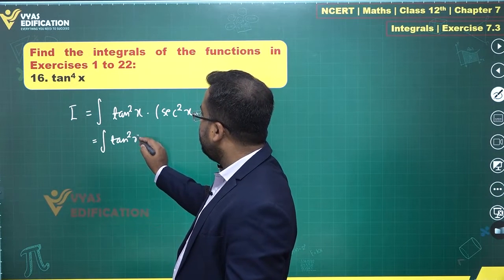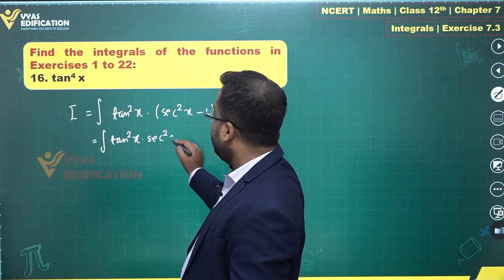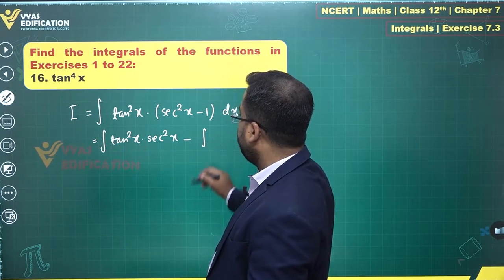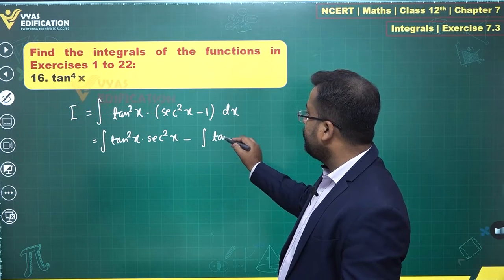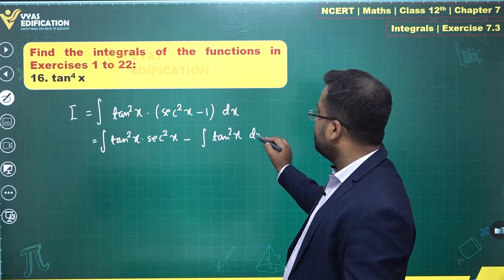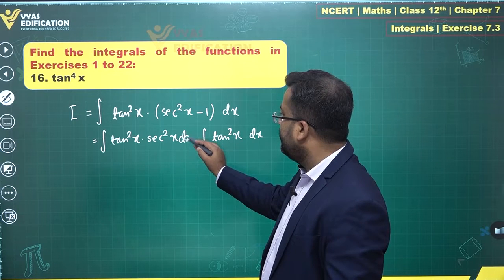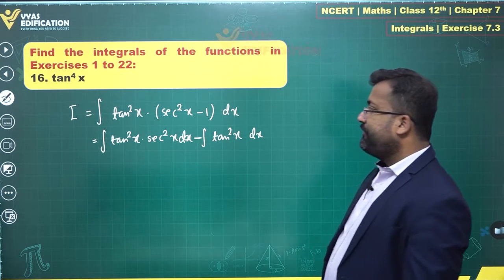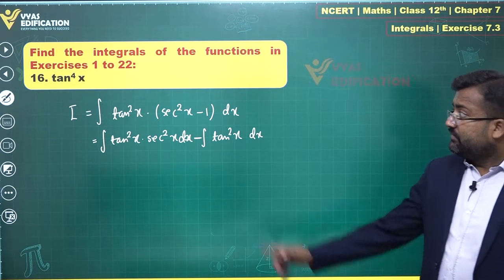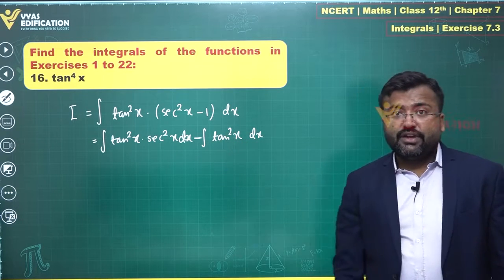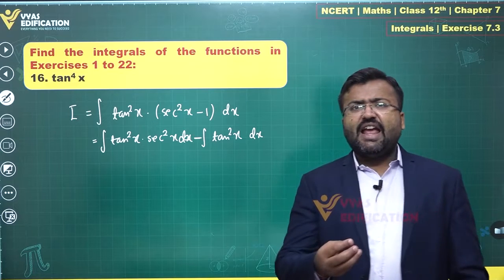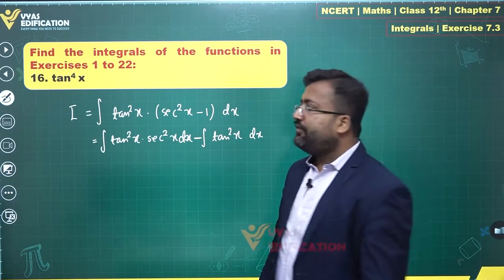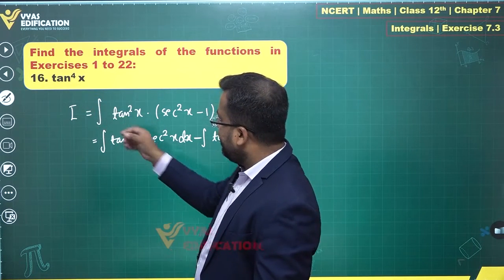This is tan square x into sec square x minus integral of, I'm writing it as a separate integral over here, tan square x dx, and this is also dx, there's a minus inside. So I've written that single integral as the difference of two separate integrals, and observe that any higher powers of tan x will simplify in this manner only.